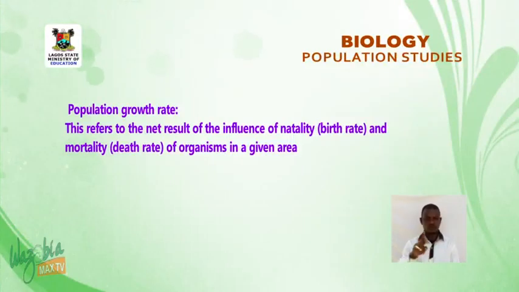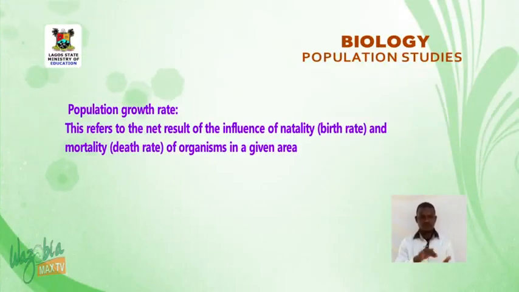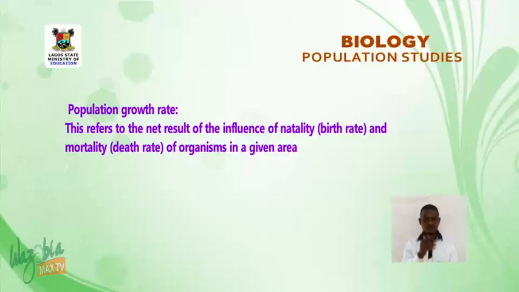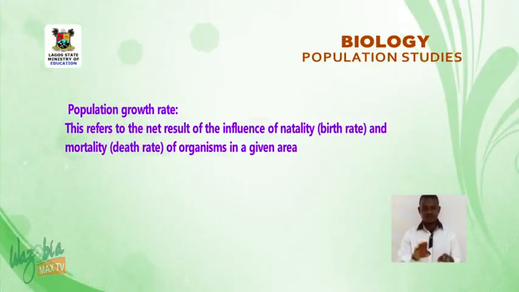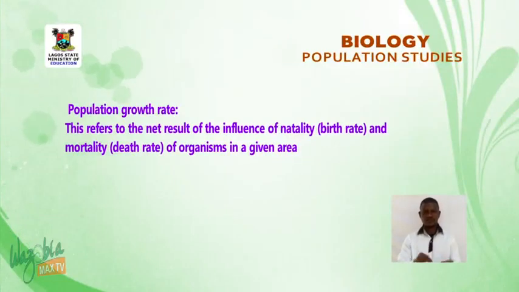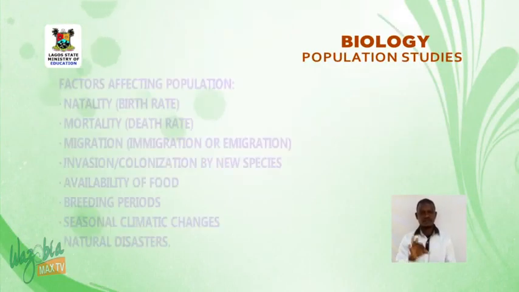Population growth rate. This refers to the net result of the influence of natality, birth rate, and mortality, death rate, of organisms in a given area.